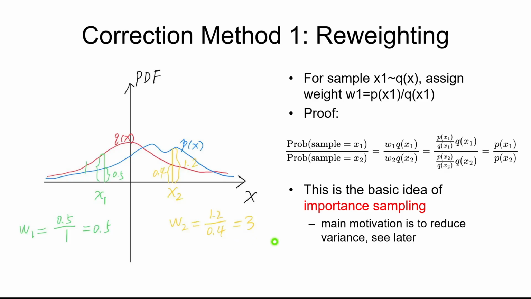Once we assign weights to these samples, we ensure that the weighted sample probability follows the original distribution P of X. This is basically the idea of importance sampling. We assign importance to each sample and then use that importance weight to do the correction. As we will see later, the main motivation for importance sampling is to reduce variance, which a lot of other textbooks and videos talk about as the main motivation. We will see that later.